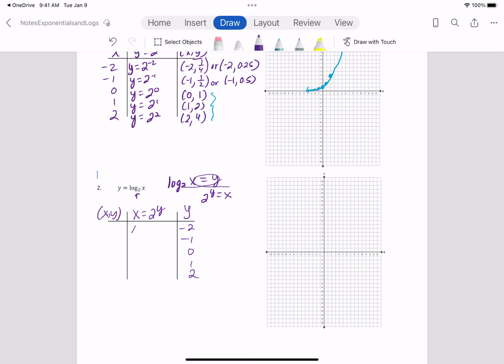And then we're going to plug each one of these in. So I get 2 to the negative 2. So remember, 2 to the negative 2, you can put it into the calculator, means take the reciprocal. So it's going to be an x of 1/4. The y is negative 2. If I put in negative 1, 2 to the negative 1 will be 1/2.